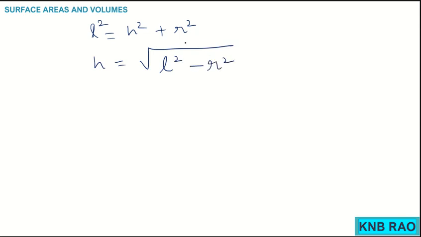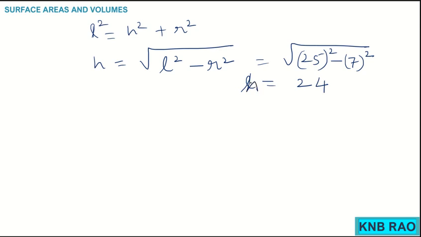The additive variable R square, that side becomes subtrahend. So L square minus R square under root will be the value of H. By substituting 25 for L, which we found, and 7 for R, 25 square minus 7 square will give 24 as the height, the vertical height. So the vertical height is 24 meter.